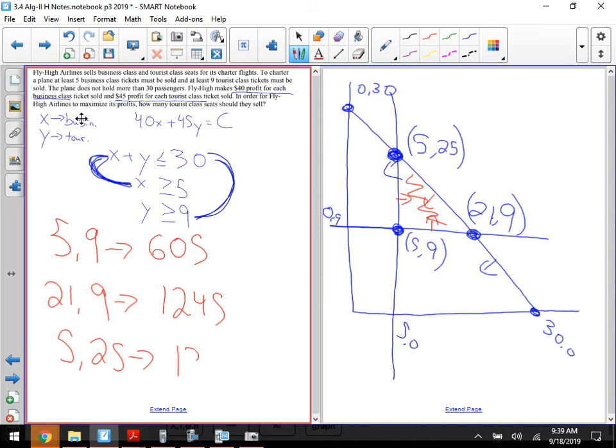And the last one was 1325. Which one of those gives you the largest profit? 5 and 25. Then it says, how many tourist class seats should you sell? 5. Okay. That's where you have to read your question carefully about what they're specifically asking.